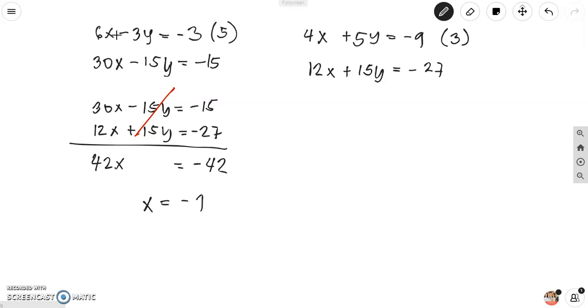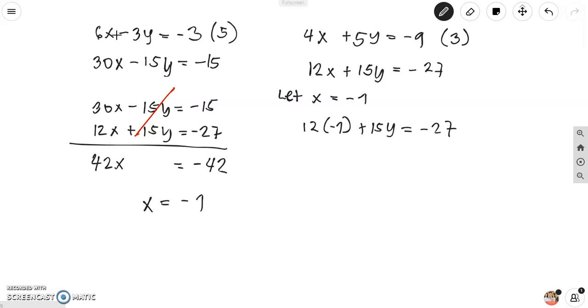Now we use this equation to find y. We let x equal negative 1. So 12 times negative 1 plus 15y equals negative 27.